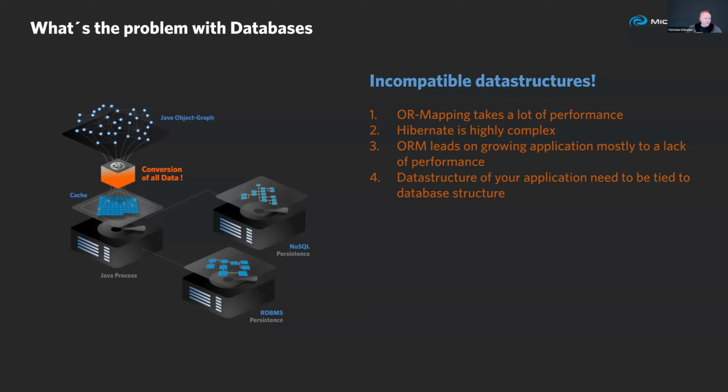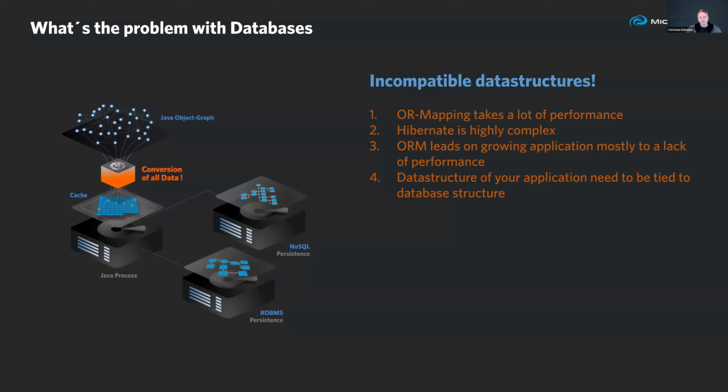Have you ever measured that? How much performance does it take? In my experience, around 40 to 60%, depending on the size of the SQL, I would say. OR mapping takes a lot of performance at the end. Hibernate is highly complex.